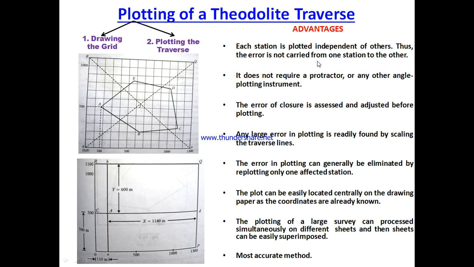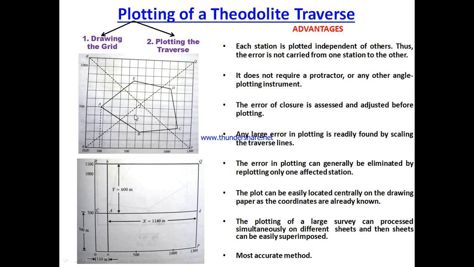In this particular case, since each station is plotted independently of the others, the chance of error passing from one station to another is very minimal. Secondly, it does not require a protector or any other set square plotting instrument.